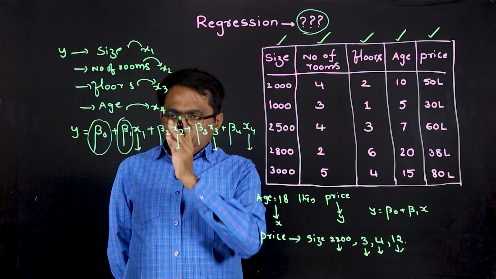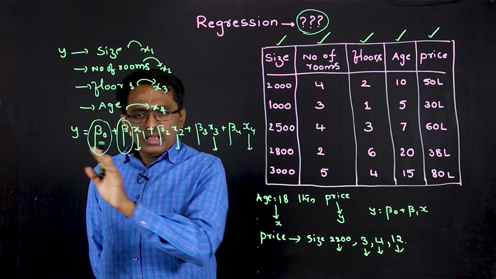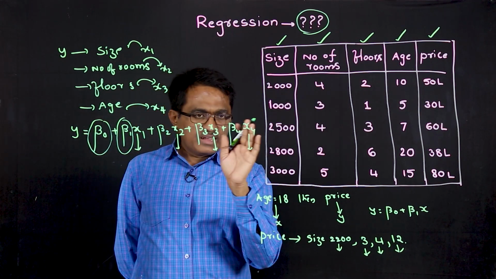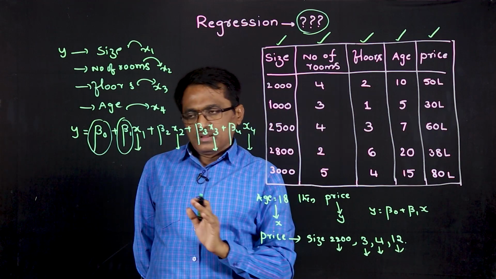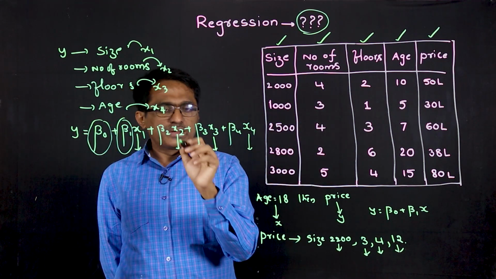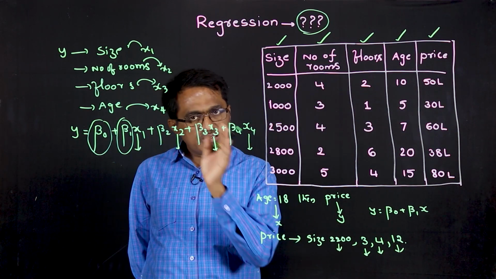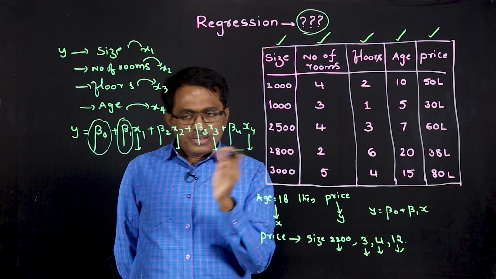So now we have to find the relation between y and x1, x2, x3, x4, which is a linear expression involving the constants beta naught, beta 1, beta 2, beta 3 and beta 4. Right? So this is the difference between the earlier discussion and now.